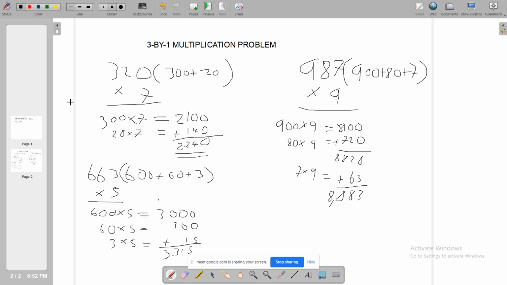When we multiply the first line, 300 times 7 gives us what? 2,100.